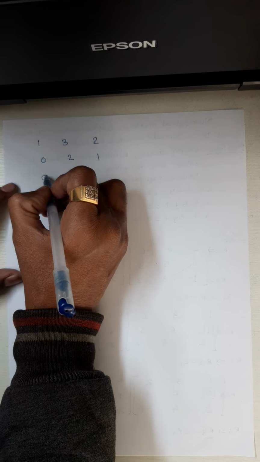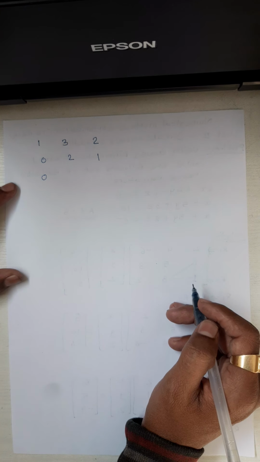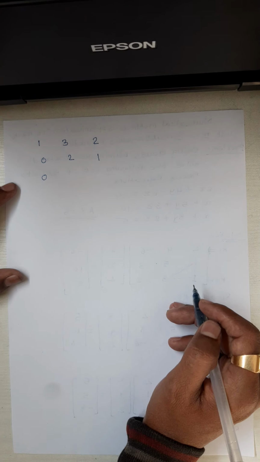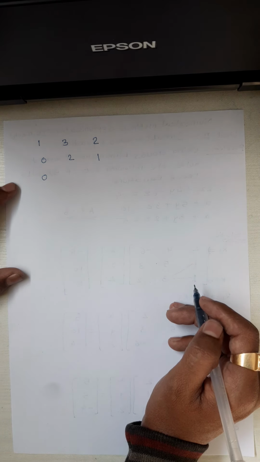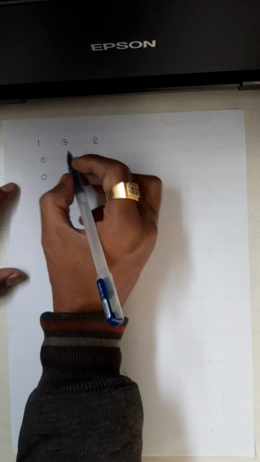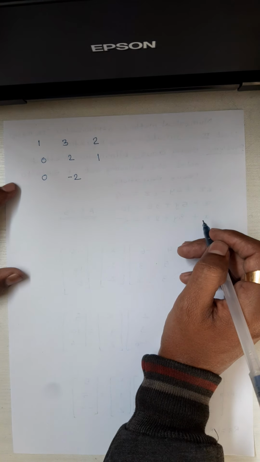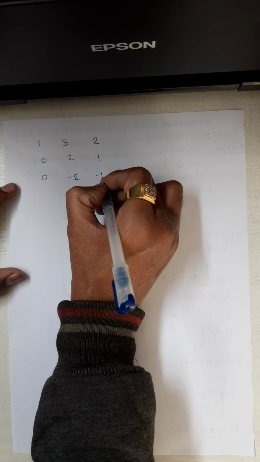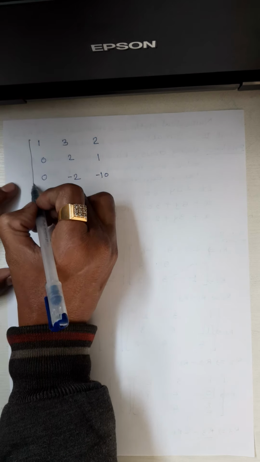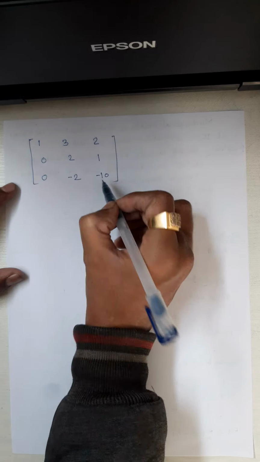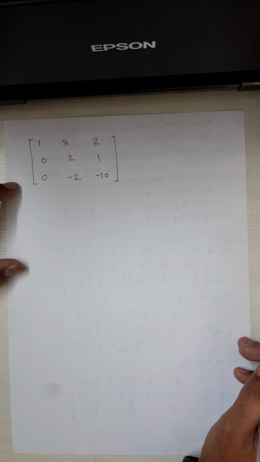So perform the operation on row number 3, that is 2 minus 2, that is equal to 0, and 4 minus 3 into 2, that is minus 2, and minus 6 minus 2 into 2 is minus 10. So here you will get 0, minus 2, minus 10 by performing which operation?